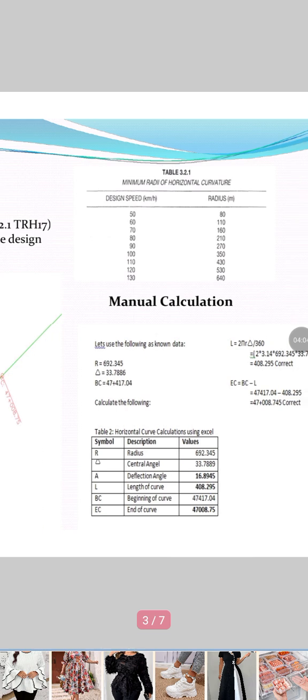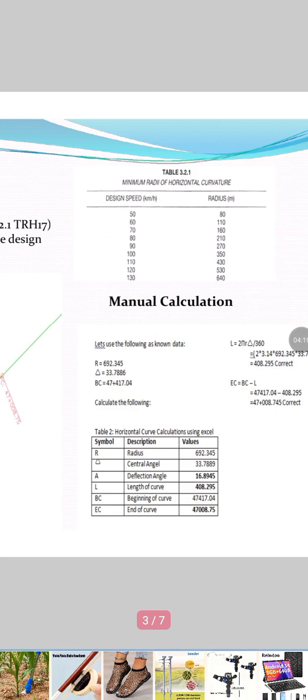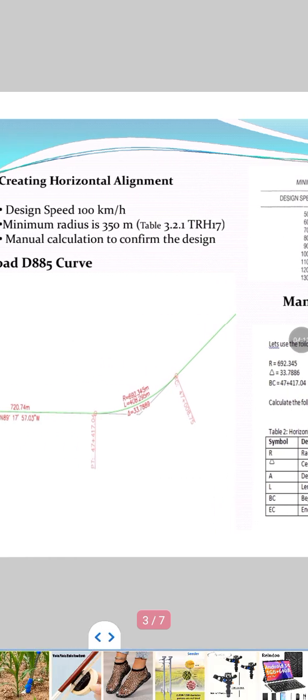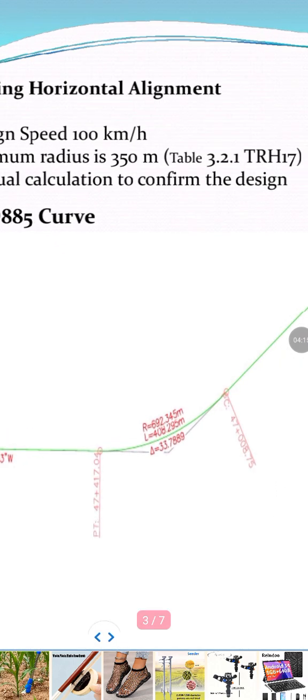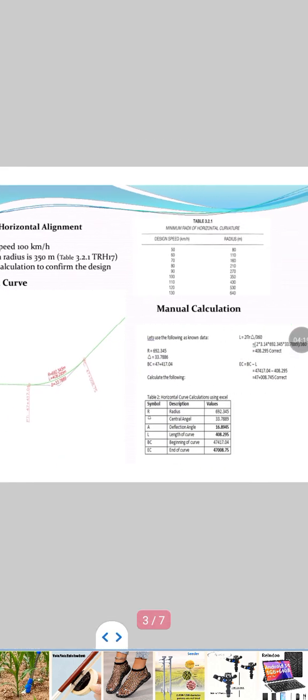As indicated there, you can see the design speed and the minimum radius of 350 meters, and the curve here shows that the radius is 695, which means our curve is fine.